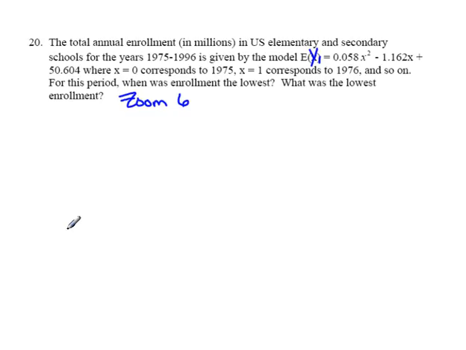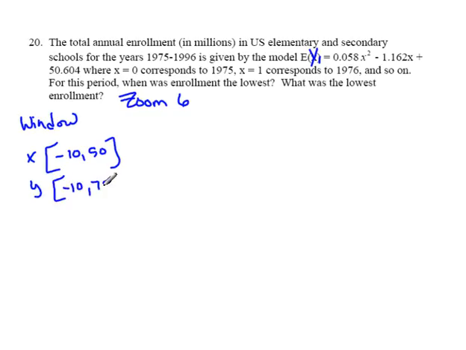Okay, a window that I found that would work: the x's would go from negative 10 to 50, meaning the x min is negative 10, the x max is 50, and the y's would go from negative 10 to 75. The minimum negative 10, the maximum 75.